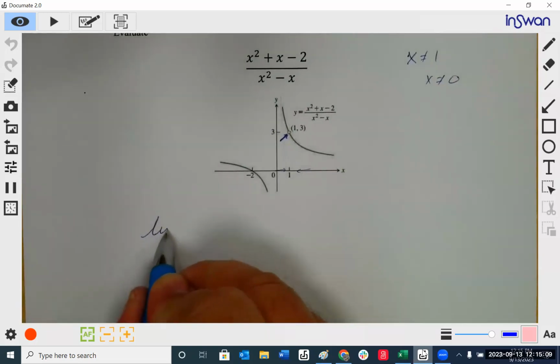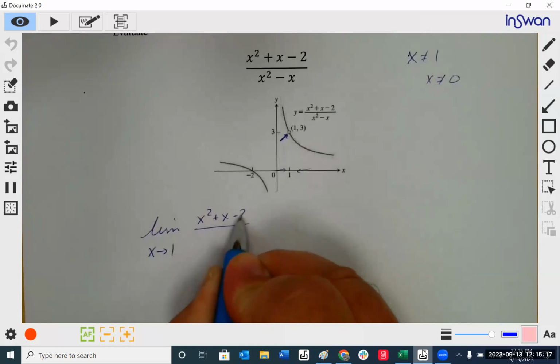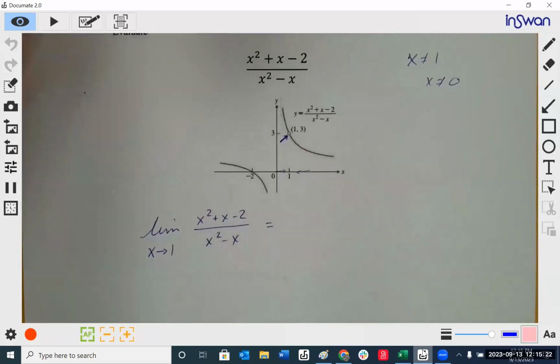So we'll look at, as x approaches 1, what do we get?